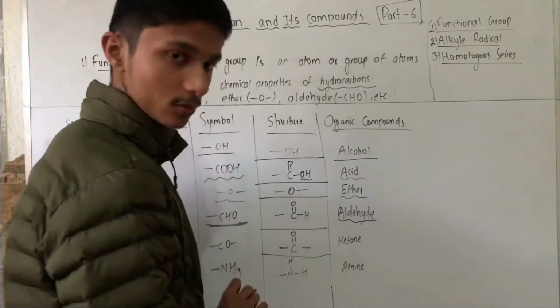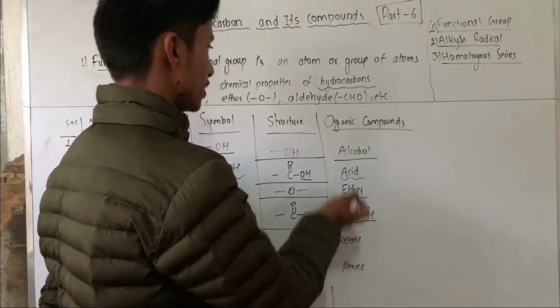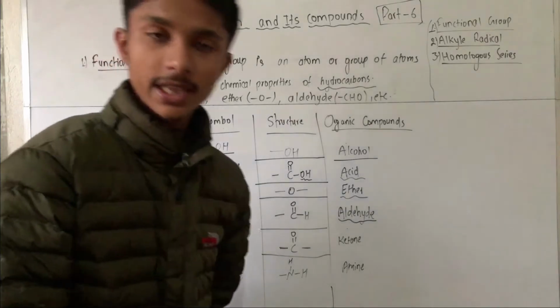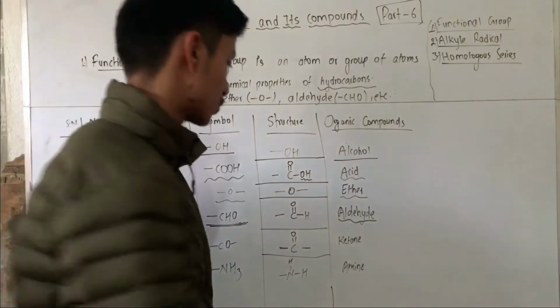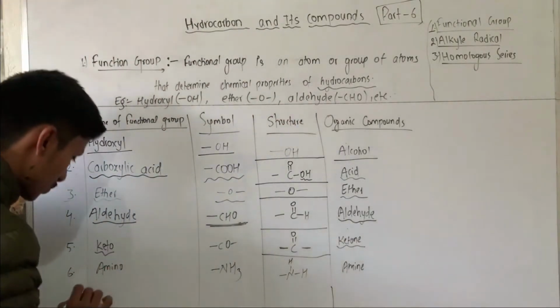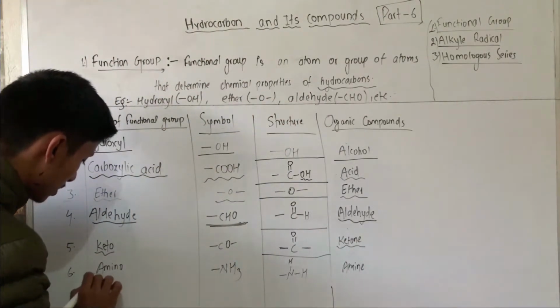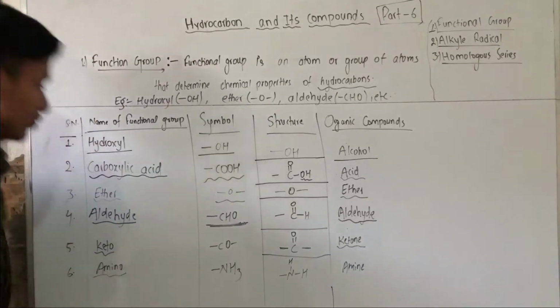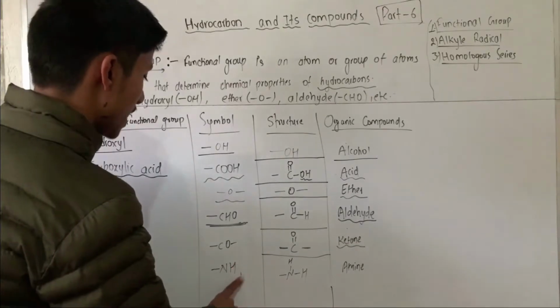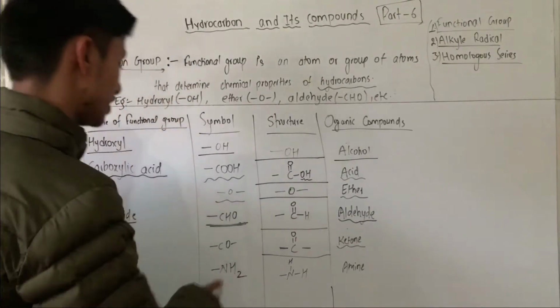If it is present in the compound, then such a compound will be ketone. Similarly, the last one is amino, and its formula is NH2, not NH3, NH2.